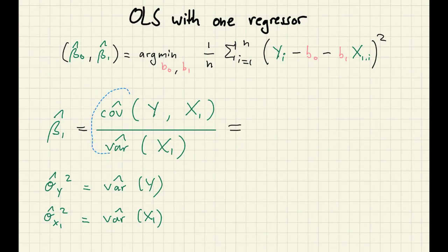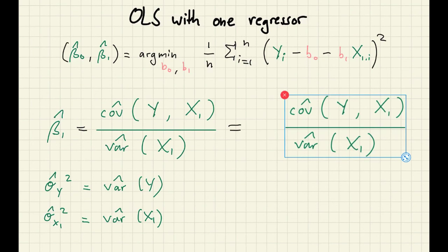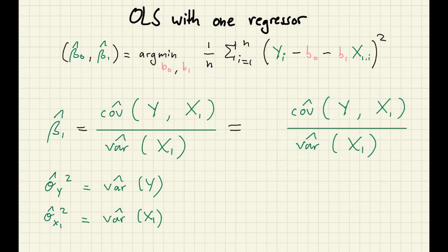Now I want to rewrite this part here, and I will use that the variance here is equal to sigma hat x1 times sigma hat x1.